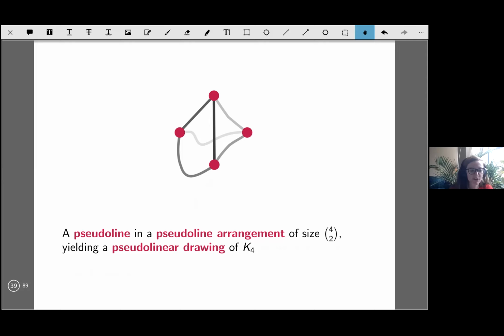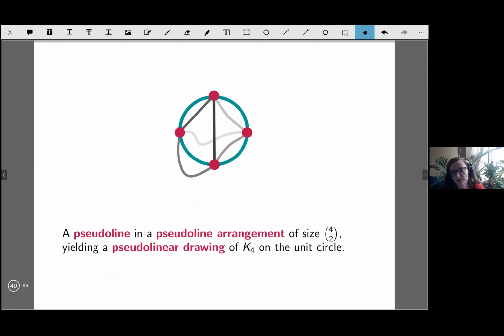So this is definitely a drawing of the complete graph K4. And if I take a drawing of Kn so that there exists a pseudoline arrangement of size n choose 2, so that every edge is a segment of a unique pseudoline in the arrangement, then that's called a pseudolinear drawing of Kn.